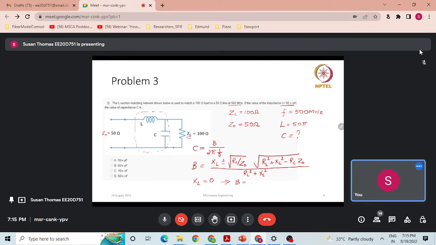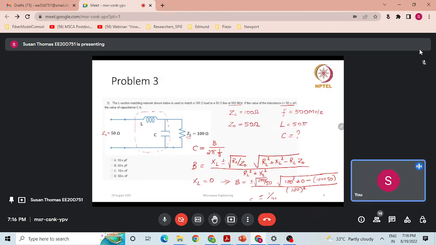So B becomes plus or minus root of 100 by 50 into root of 100 square plus 0 minus 100 into 50, divided by 100 square. This you can calculate to be plus or minus 1 by 100.